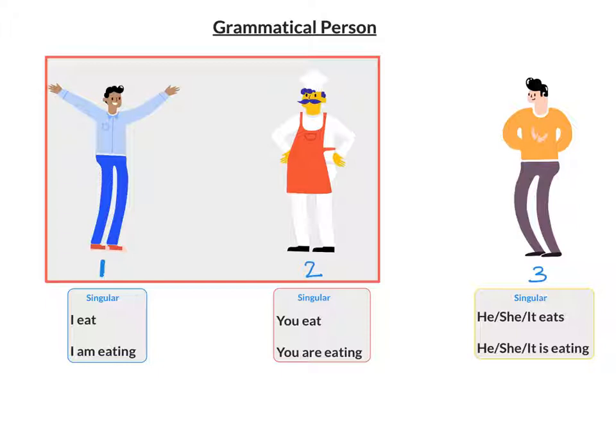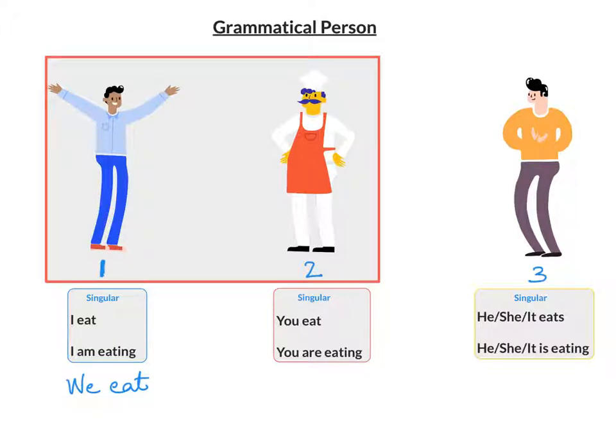Now, the first person, second person, and third person don't only have to be a single person. It could be multiple people. So, for example, we might say, we eat, which is a first person plural way of saying it, right? Because we are talking about we, which means there are many people who are talking about their own action.